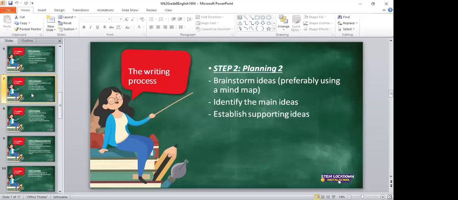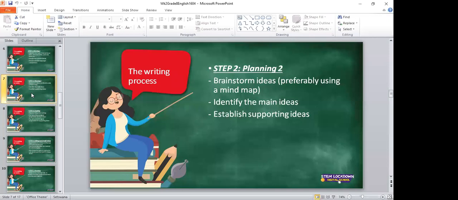In that mind map, you will identify the main ideas and establish supporting ideas. You can think of a mind map like a tree. The topic that we are writing about, think of it as the trunk of the tree. Then your main ideas will be the branches of the tree, and your supporting ideas will be the leaves and the fruits of the tree.